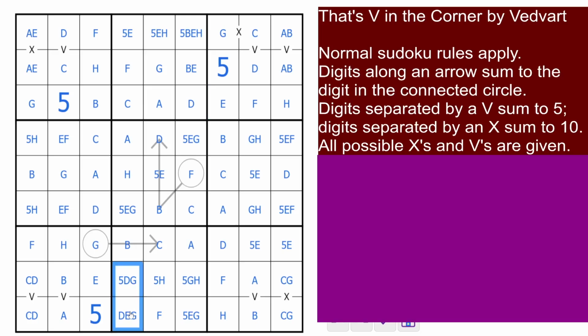D is one of these letters. So H. E. Come on. What is happening? F H G is CD.